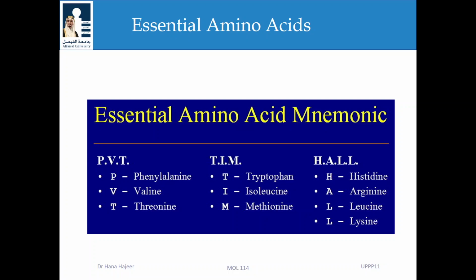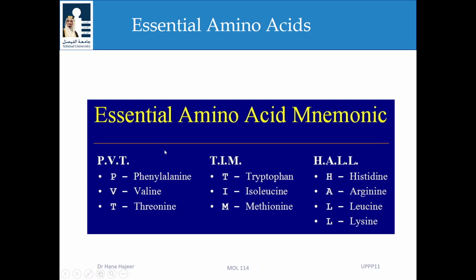When we study in Mol 2 the synthesis of amino acids, how we make amino acids in the body, we're going to study the synthesis of non-essential ones because the essential amino acids will not be made in our body. Do we need to remember them?